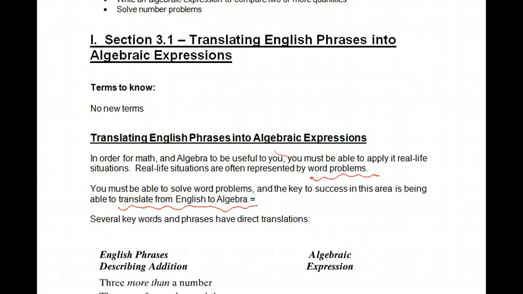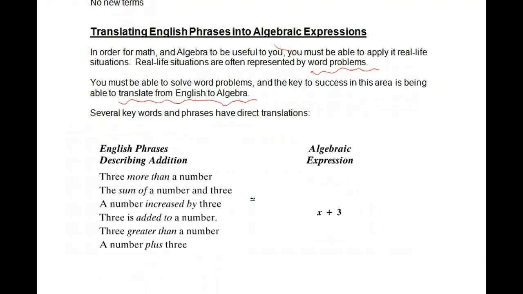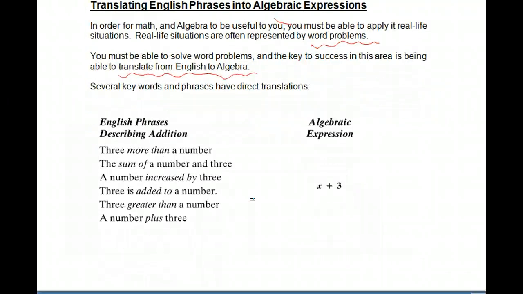There are several key words and phrases that have direct translations from the written English language into the mathematical and algebraic language. If you can learn and memorize these key phrases, the solving of word problems will be significantly easier for you.